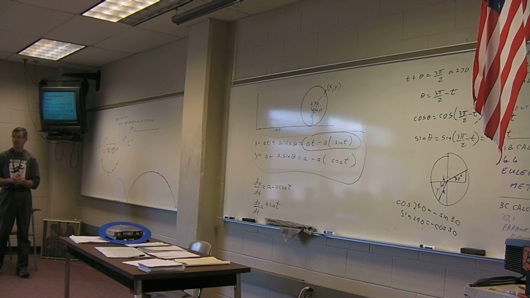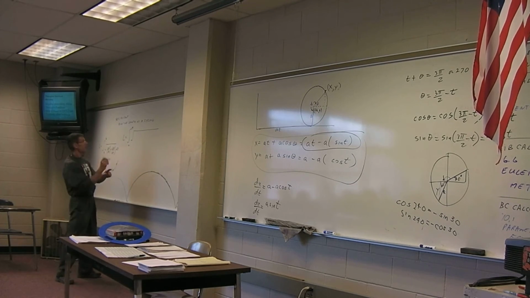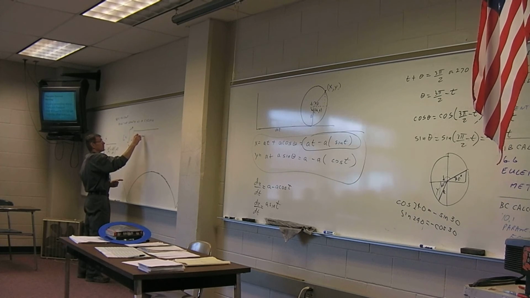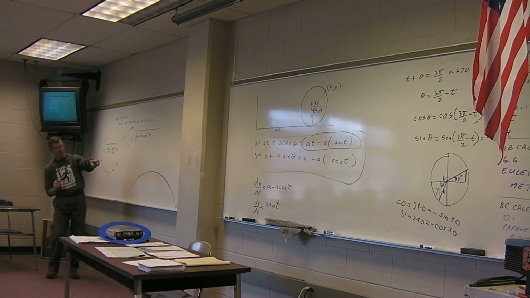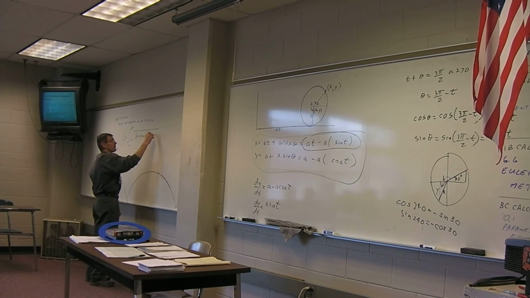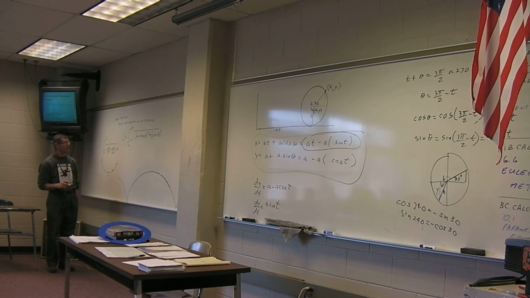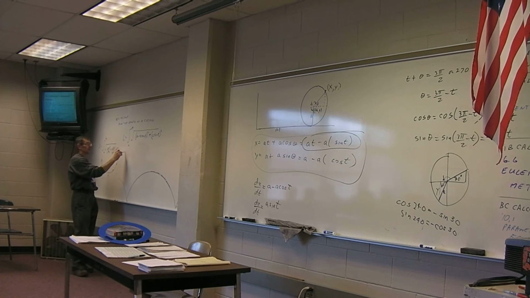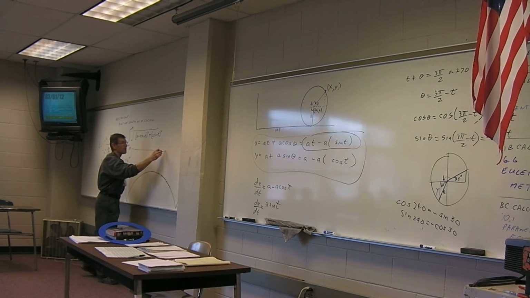Now you just plug them in. So we're going a minus a cosine of t, square it. Then we plug in dy dt, a sine of t, and square it. So that gives us the square root dt.